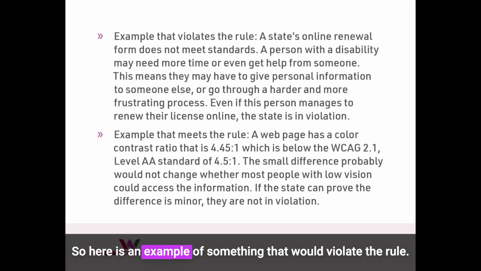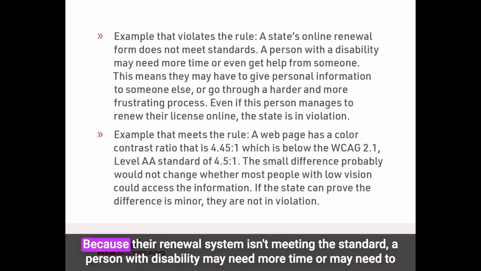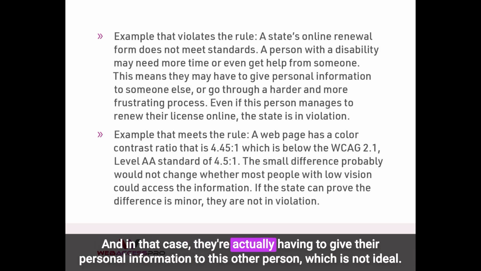As an example of something that would violate the rule, let's say many people go to the state's website to renew their professional license. Because their renewal system isn't meeting the standard, a person with a disability may need more time or may need to actually get help from someone without a disability. In that case, they're having to give their personal information to this other person, which is not ideal.